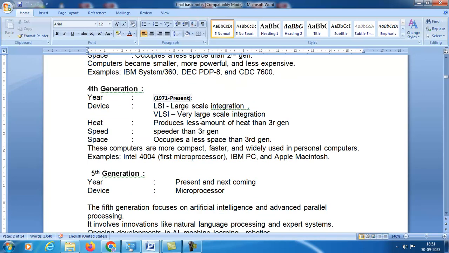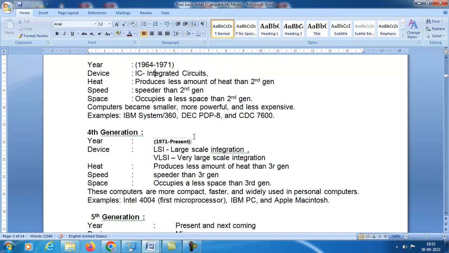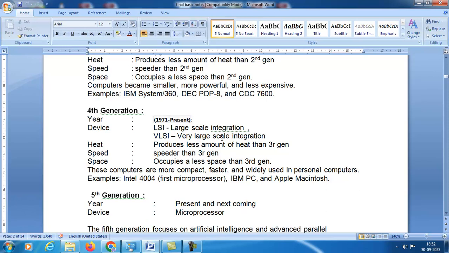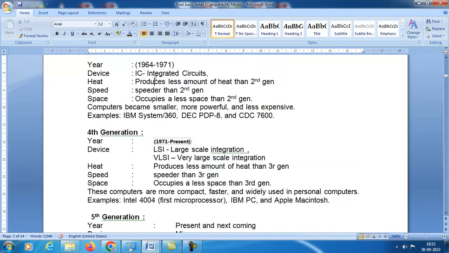And the fourth generation starts from 1971 and continues up to now. The major device used is LSI, which is also one type of IC, large scale integration, and it was modified into VLSI, very large scale integration.